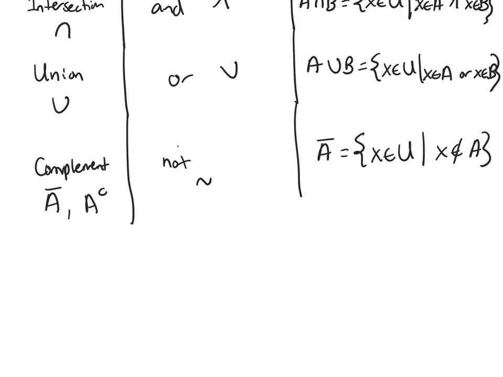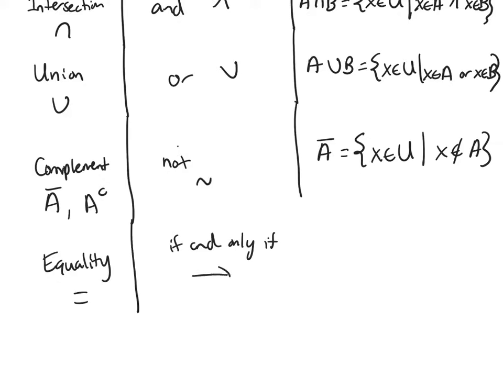If I have equality, so two sets are equal, this corresponds to an if and only if statement, which is our biconditional statement. So two sets are equal.